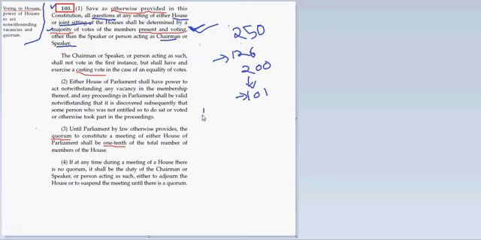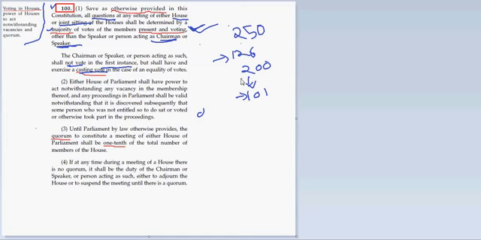One more thing that needs to be seen here is that the chairman or speaker cannot vote during the first instance. That's what we should remember here. If you see the second paragraph, it says the chairman or speaker or person acting as such shall not vote in the first instance, but shall have and exercise a casting vote in the case of an equality of votes.